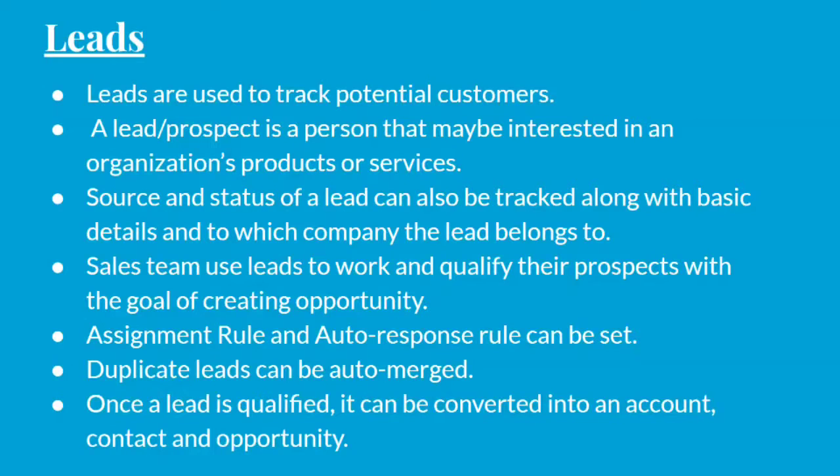And then you have something called the status of a lead, where you can see that currently this particular lead is at a certain status, like is it qualified, is it just submitted, or is it in progress.